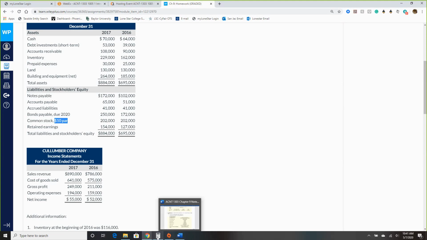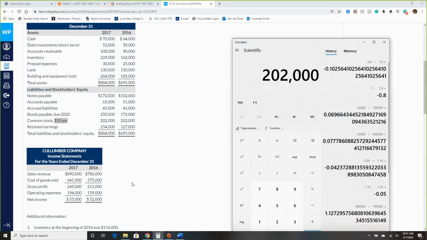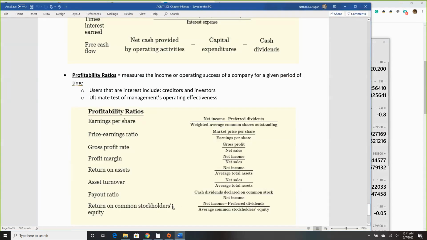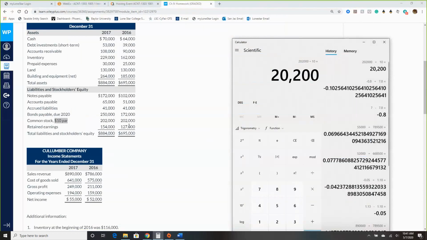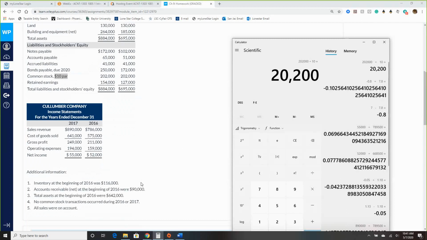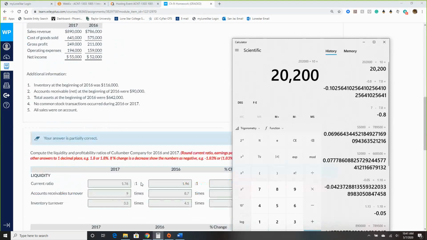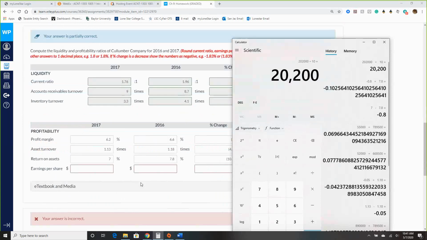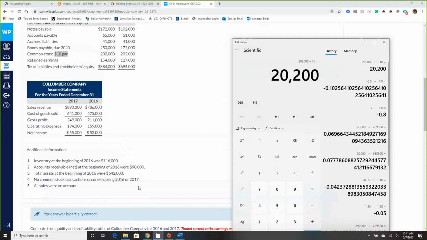So we just did this for 1 year. Divide by 10. 20,200 shares are outstanding. Again, to find earnings per share, net income minus preferred. Don't have those. So it's just net income. So 16. And also it states here no common share stock transactions occurred.